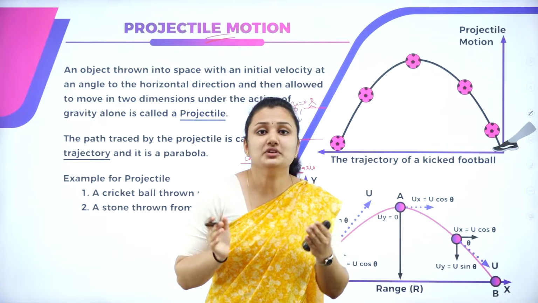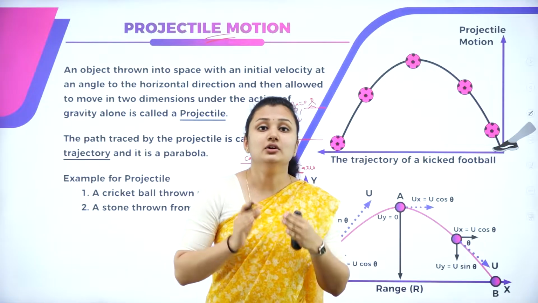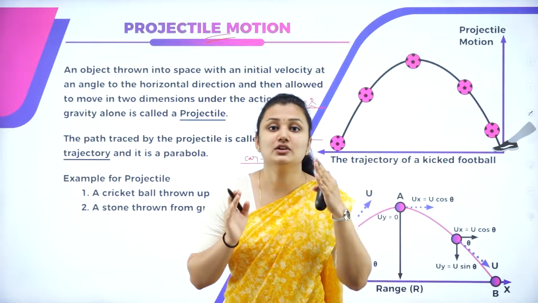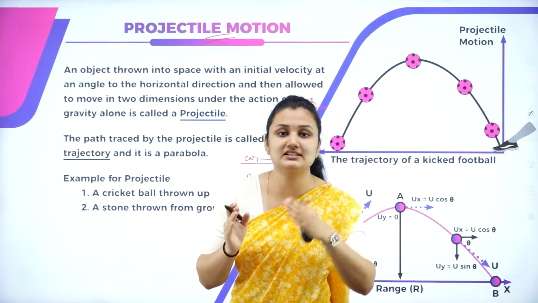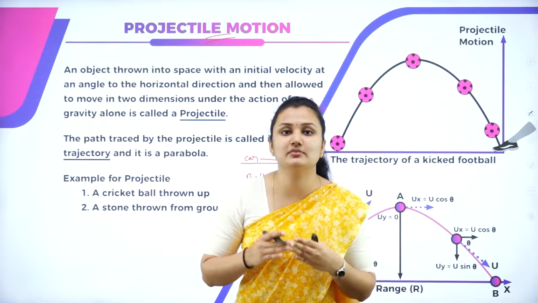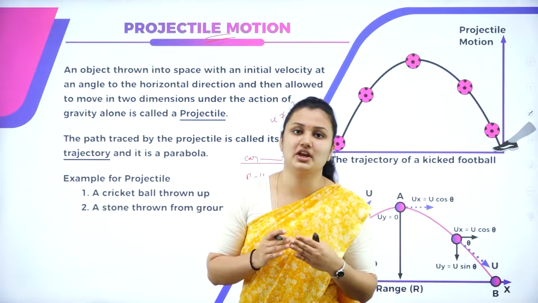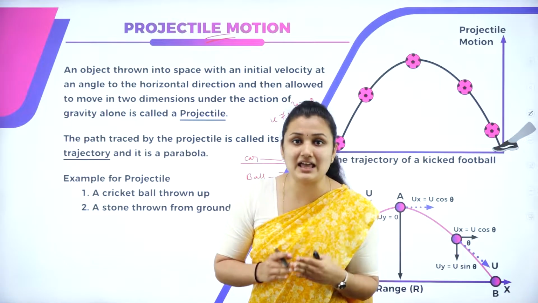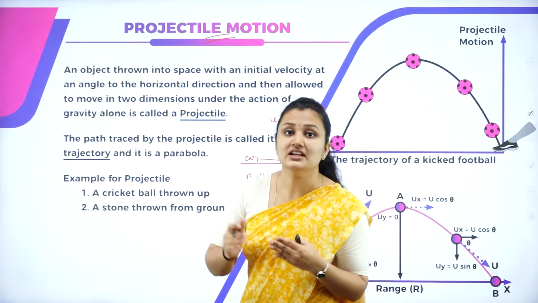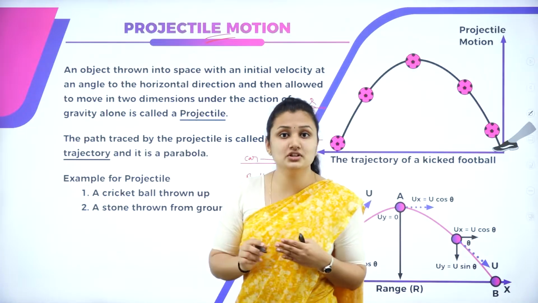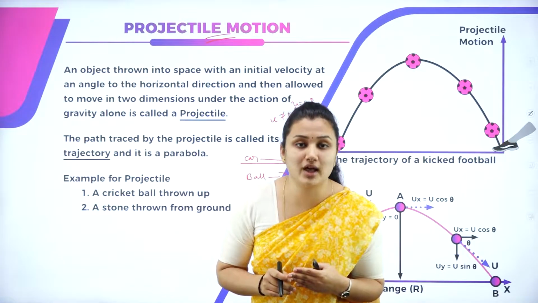And what is two-dimension motion? We need two axes, that is two among the three axes, x and y axis, to describe the motion of the object. So the examples for two-dimension motion are projectile motion and also uniform circular motion.